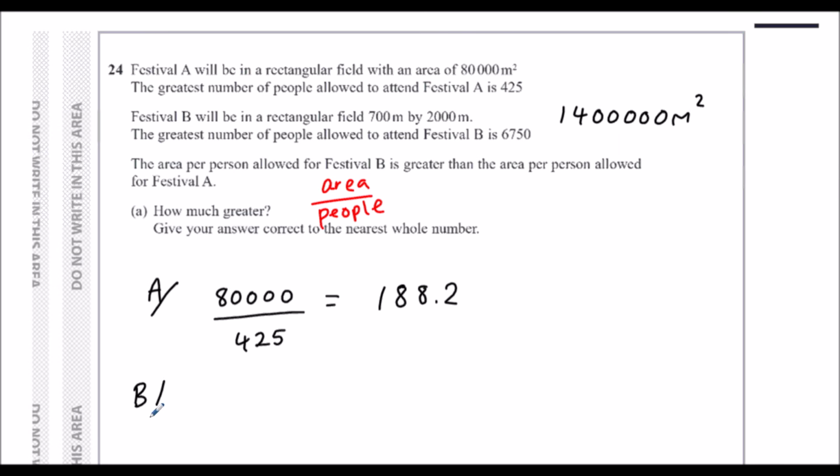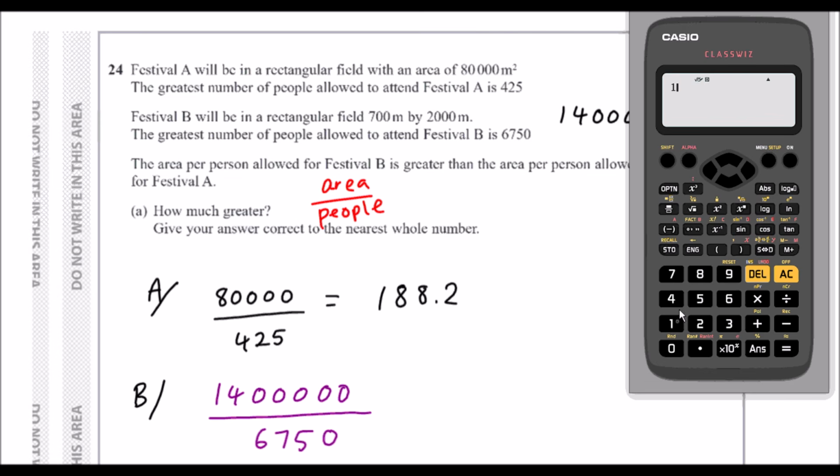For Festival B, area is 1.4 million. Number of people, 6,750. So 1.4 million divided by 6,750 is 207.4.